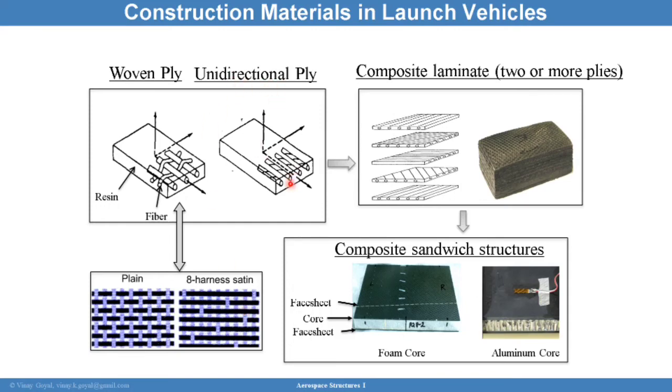Unidirectional plies are where the fibers are only in one direction, as opposed to woven ply, where you have weaving of fibers in both directions. You can then construct a composite laminate with one or more of these plies, and the way you do that is you lay up the composite together and you bake it in the oven.